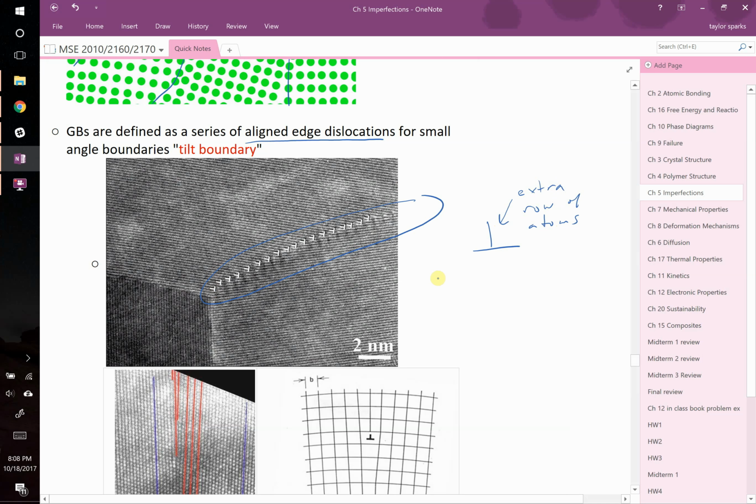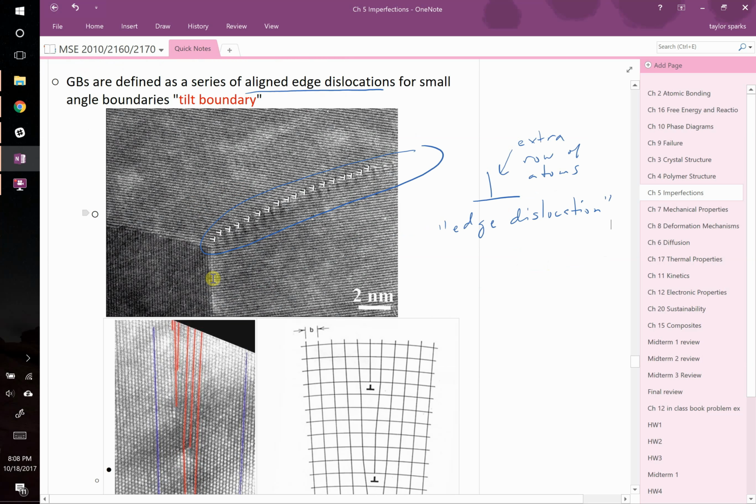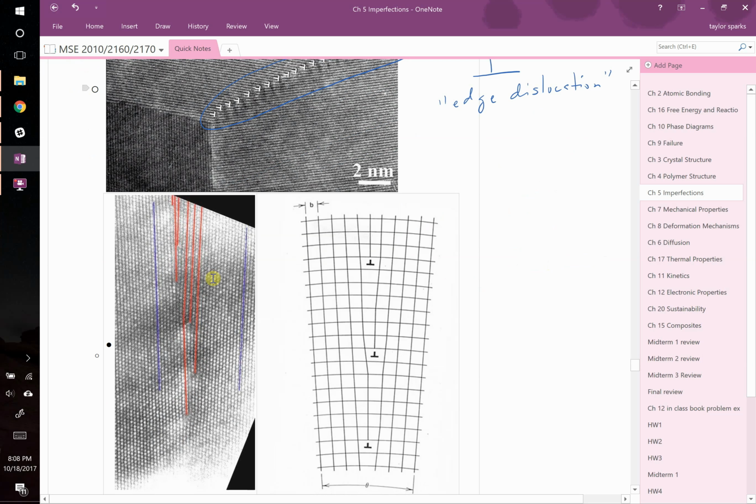So that is an edge dislocation. Right? And basically the angle of this will dictate how far apart these things are separated. So they could be separated, as you can see in this figure, about that far apart. There's your extra half row of atoms, your extra half row of atoms, extra half row.